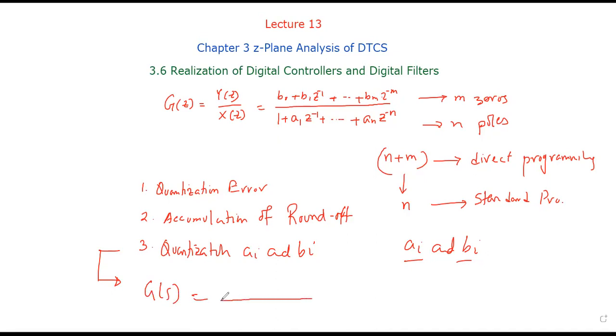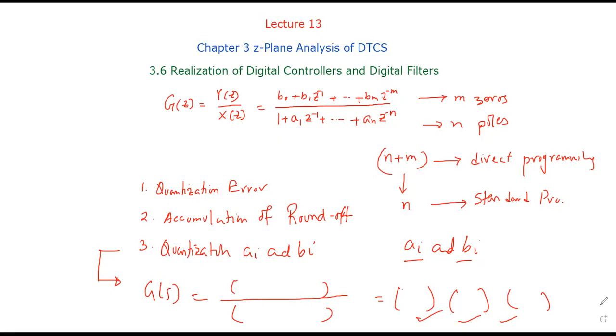This third one can be minimized if, instead of using the pulse transfer function as a large higher order polynomial in the numerator and the denominator, you distribute it into first and second order sections in different structures. It can be cascaded, in parallel, or ladder. Based on that, the quantization error of the real parameters ai and bi can be minimized.